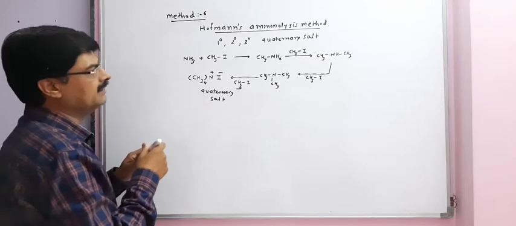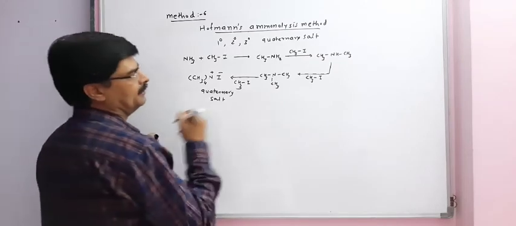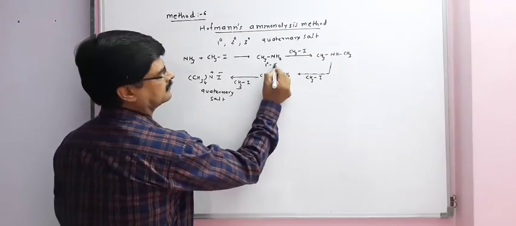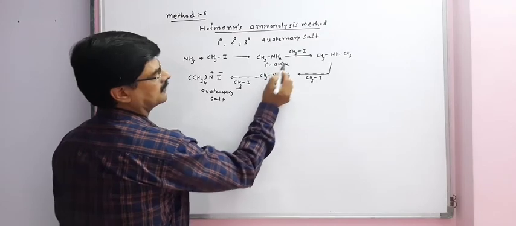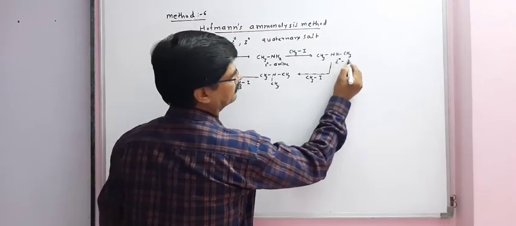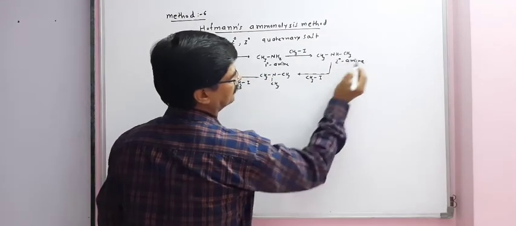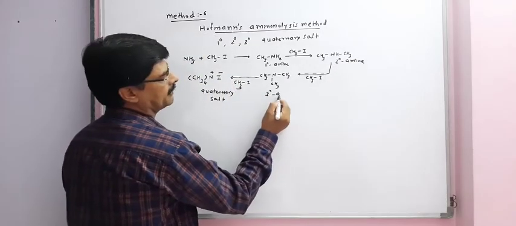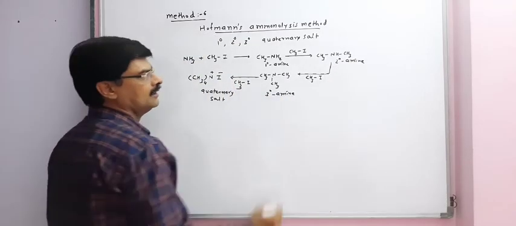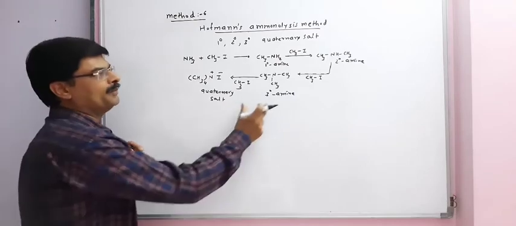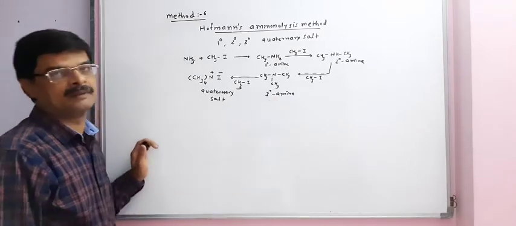Now we can see that in this method we obtain primary amine, secondary amine, and tertiary amine. So we get a mixture of compounds, and it is difficult to separate them.